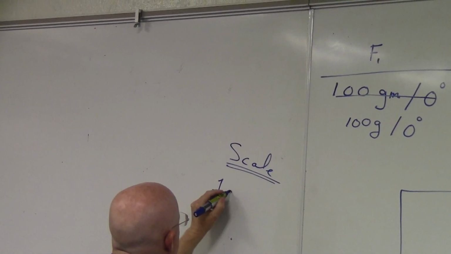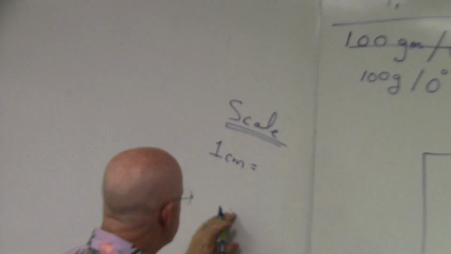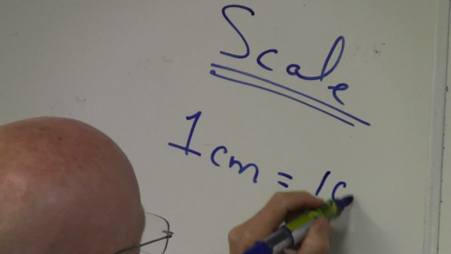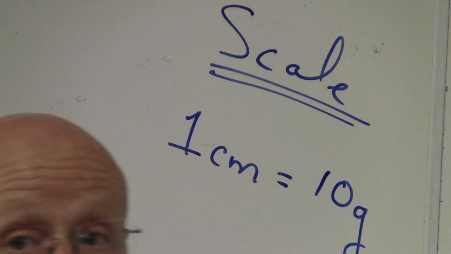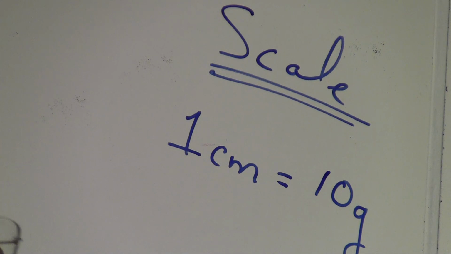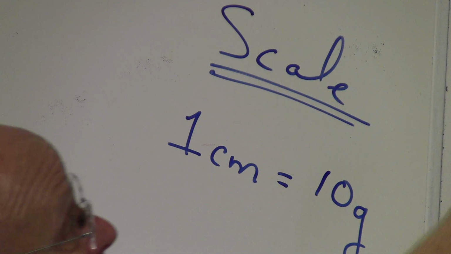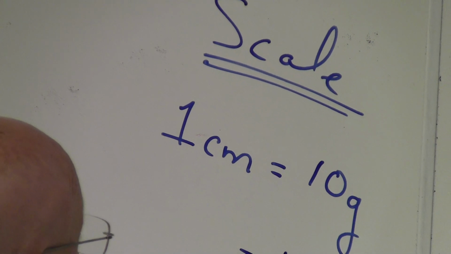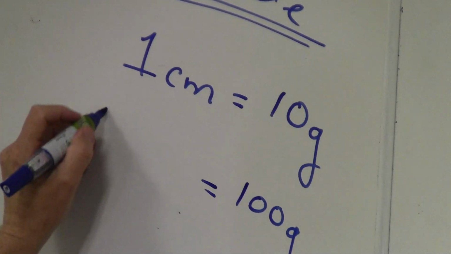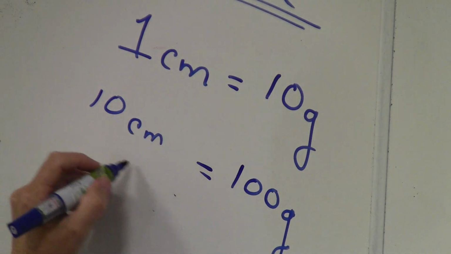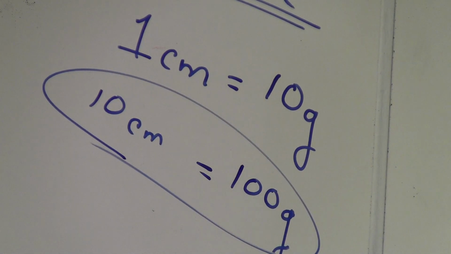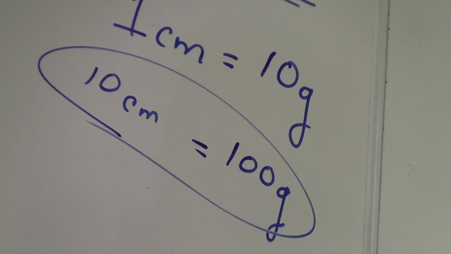Draw a line 1 centimeter long to represent 10 grams. So that would mean here, for this first force, 100 grams needs to be a line that is 10 centimeters long. Okay? So that's going to be our scale.